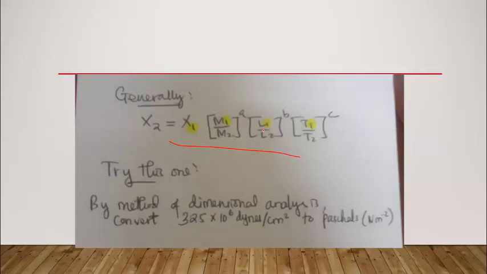To make things easier, just remember that on top stay things of the same system, so x1 stays, mass 1, length 1, time 1. Don't worry if the units have none of these. Like in the previous example you had no mass, just ignore that, it is 0. So this is the general formula.